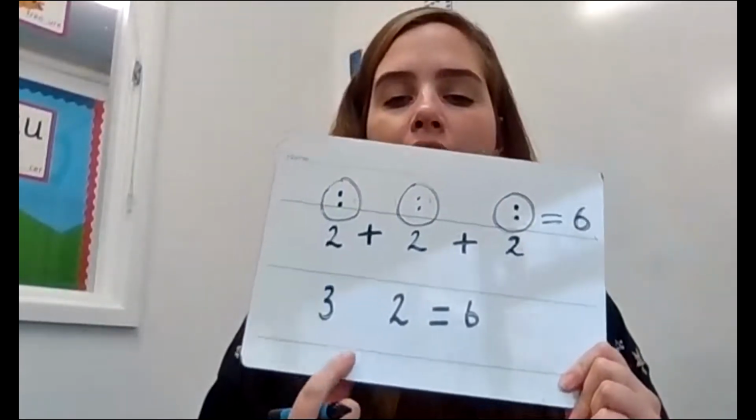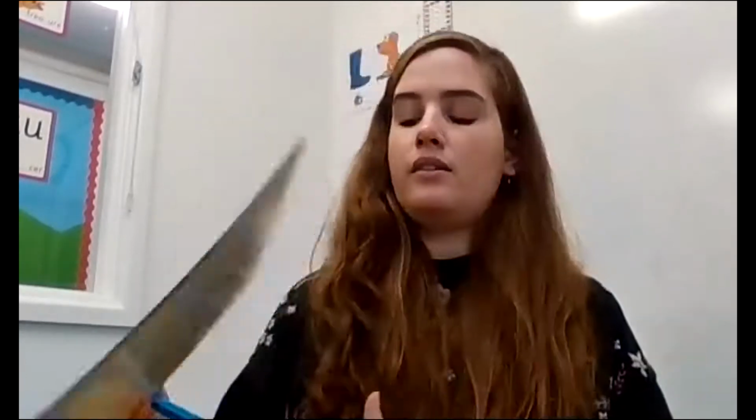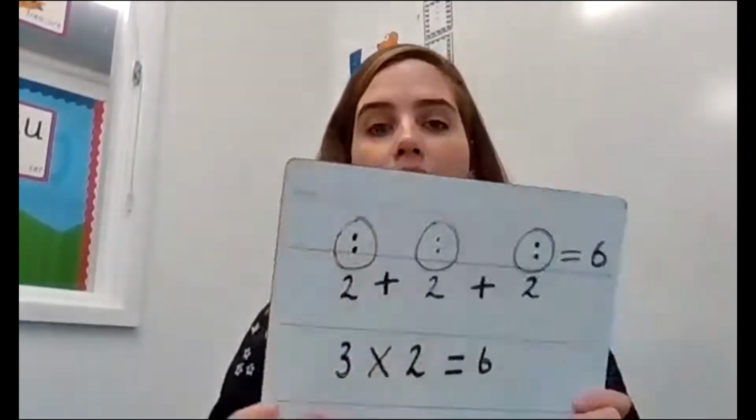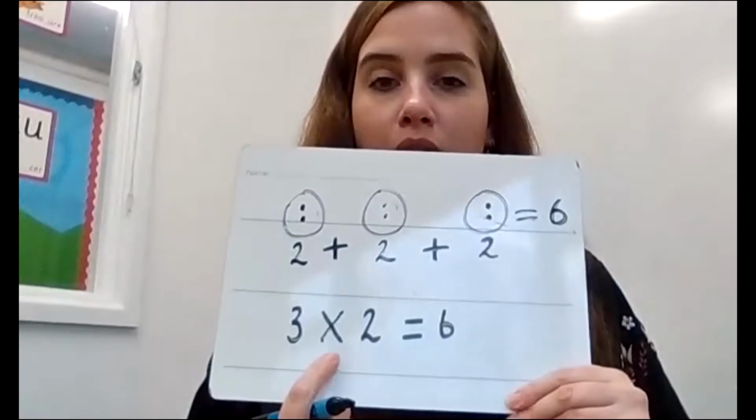I've got 3 groups of 2 are equal to 6. And guess what? There is a mathematical symbol, and well done to those of you that have just drawn that. It's this one. And we always say, in my class, this means groups, okay? We've got those 3 groups of 2, and they're equal to 6.